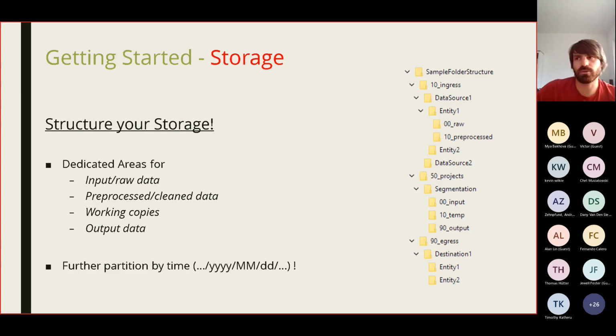What's next? Once you've decided which storage you actually want to use, you need to structure your storage. As opposed to the theoretical idea of a data lake just being a place where you can dump all your data and then it works magically, in reality that's not how it works.